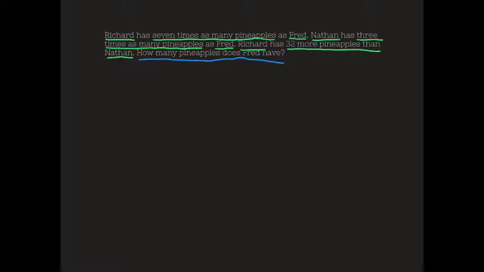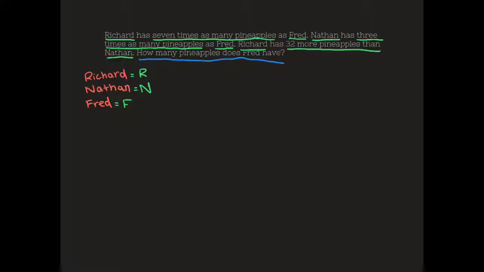We'll do Richard equals R, Nathan equals N, and Fred equals F. Those will be our 3 variables.